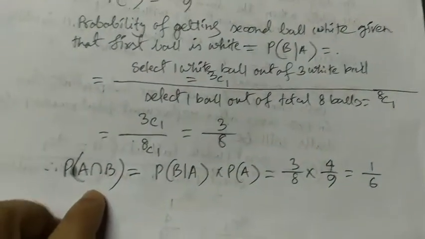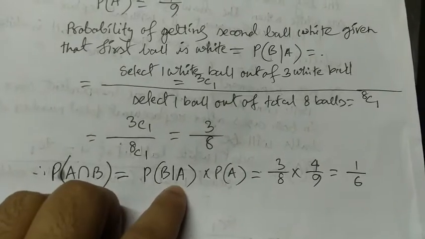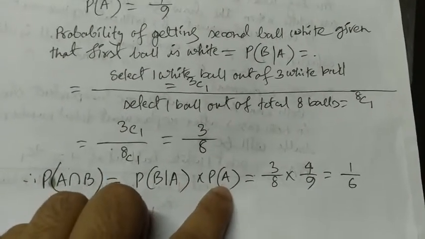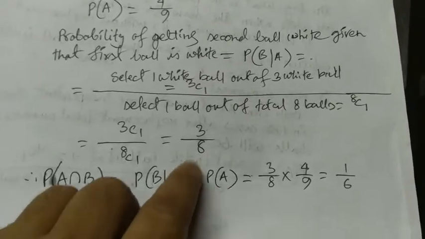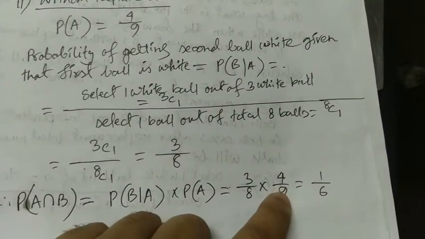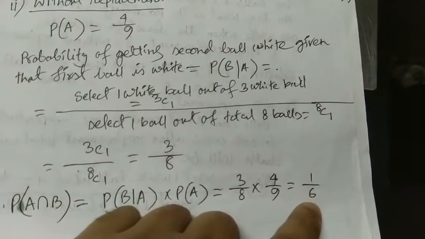Now the probability of A intersection B is the probability of B given A multiplied by the given part, the probability of A. The probability of B given A is 3 by 8 and the probability of A is 4 by 9. If you calculate it, you will get 1 upon 6.